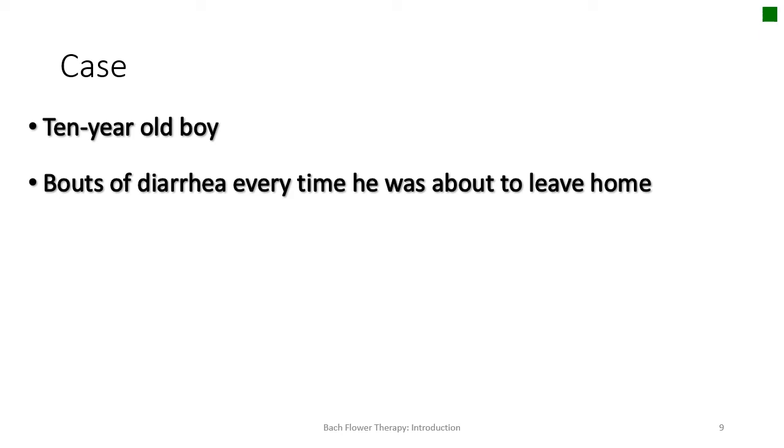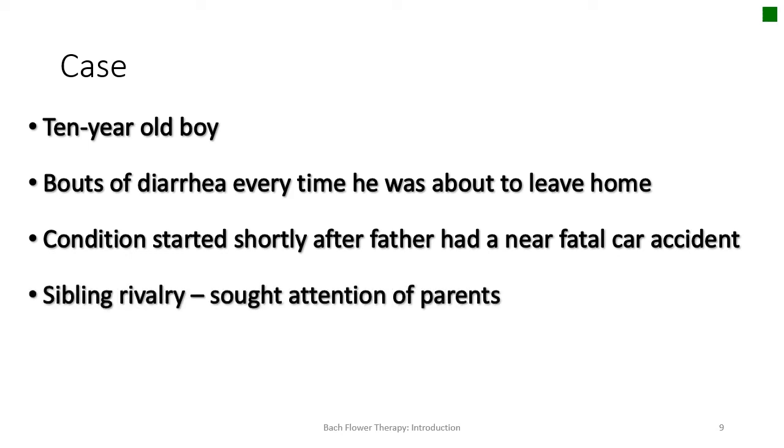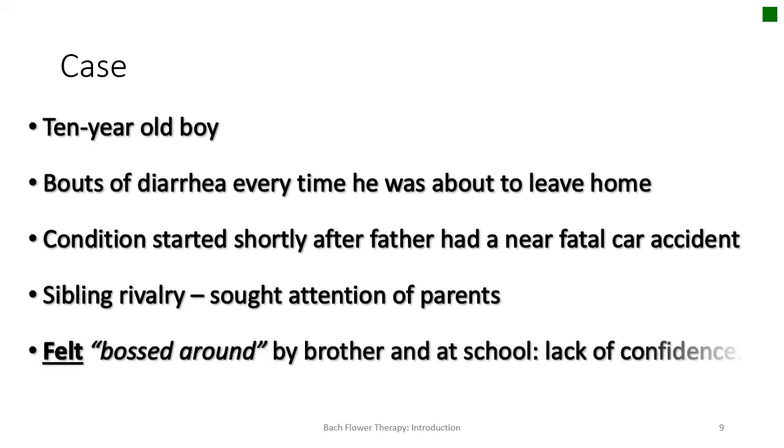He had been under the treatment of various allopathic doctors, but it had not helped him one bit. His condition started shortly after his father had a near fatal car accident. Also, it was discovered during the session with the Bach flower therapist that he had tremendous sibling rivalry and he was constantly seeking the attention of his parents.